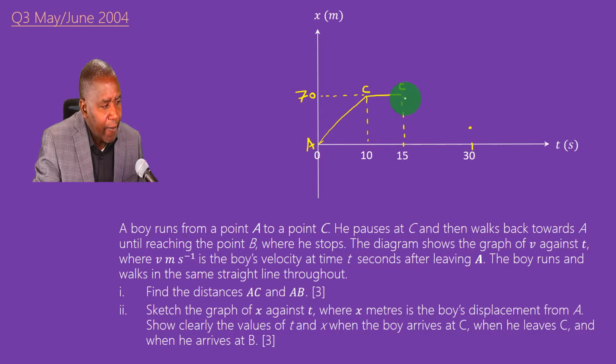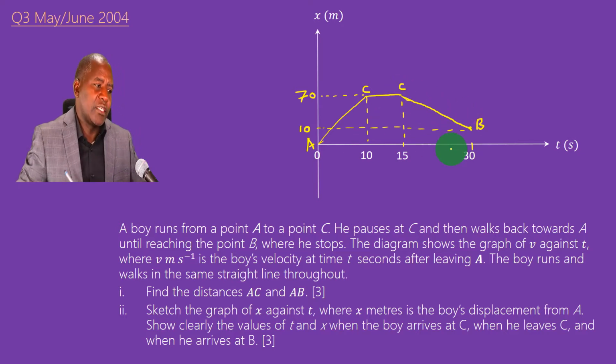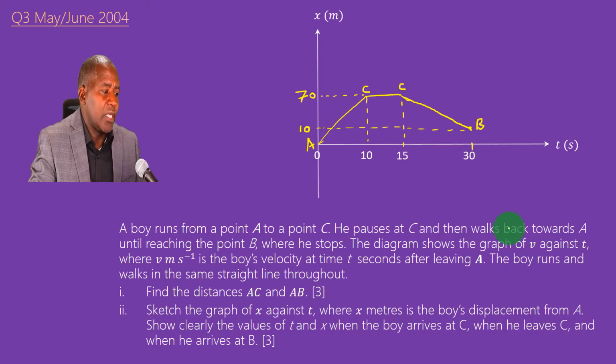And that is when I draw a straight line like this, ensuring that now he's at point B at displacement of 10 meters from point A. So this must be 10. So this must be 60. And that is what happens. And you can see his velocity is going to be negative. So that is how you get all the values that you need.